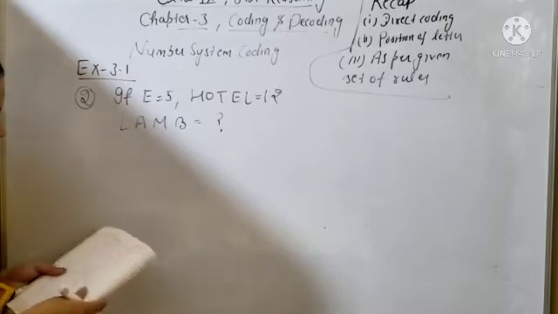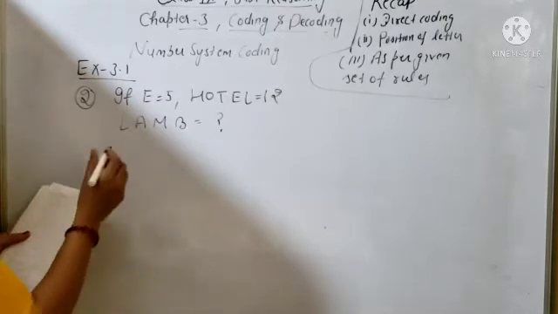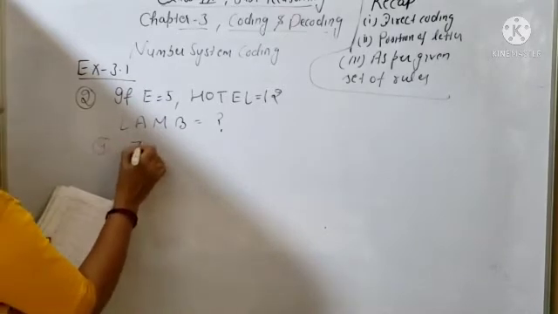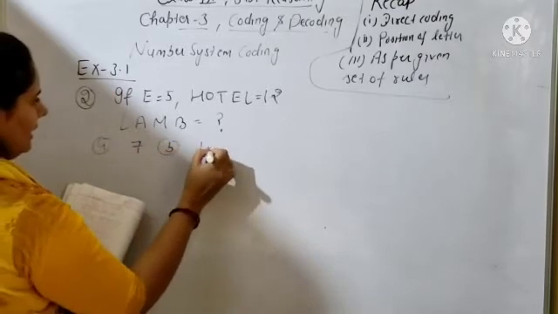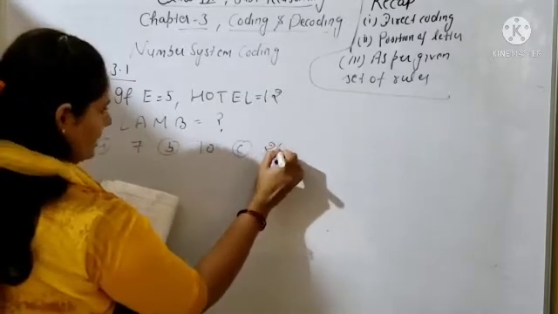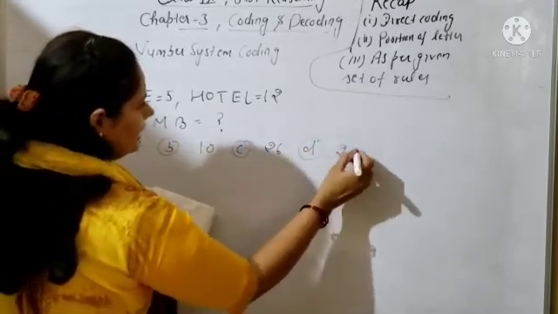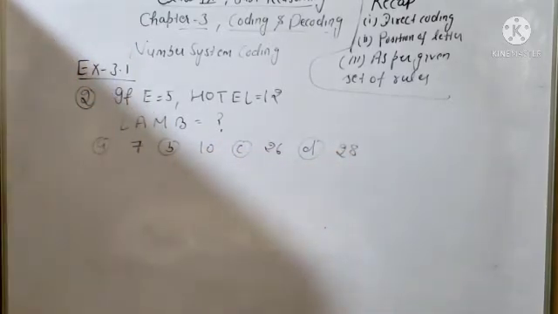The answers are given as 7, 10, 26 and 28. Clear? What is given in the second question, beta? If E is equal to 5 and HOTEL is equal to 12, HOTEL is coded as 12, so you have to find out LAMB. LAMB is coded as.